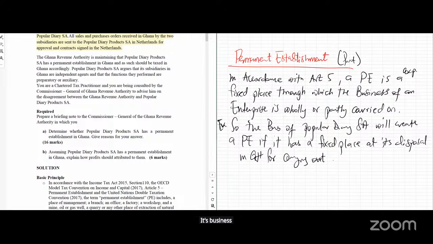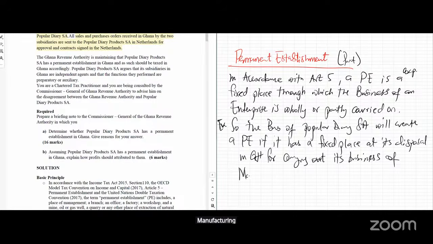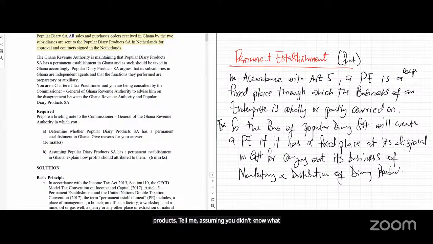And what is its business? I'm just using the definition of PE to relate it to the case. Its business of manufacturing and distribution of dairy products. Assuming you didn't know what to say and you even said this, wouldn't you get some marks?